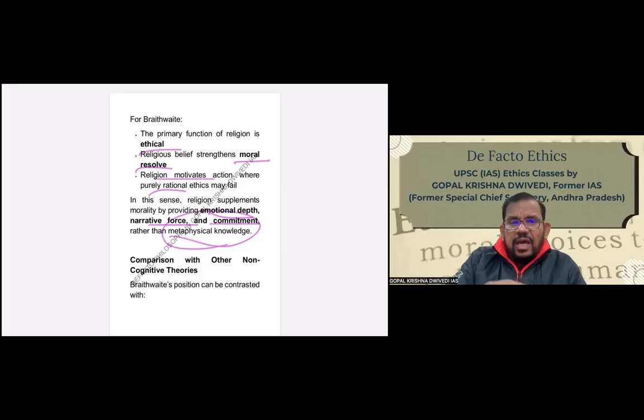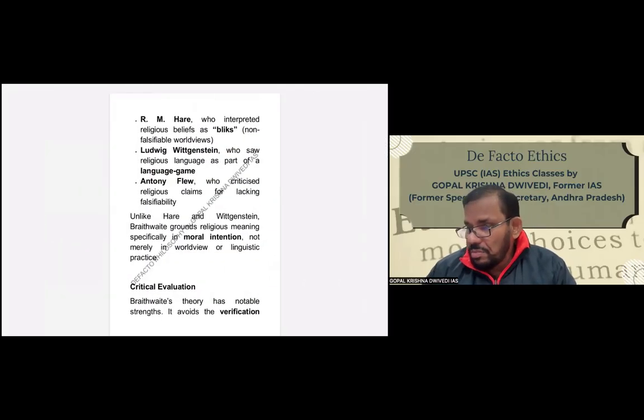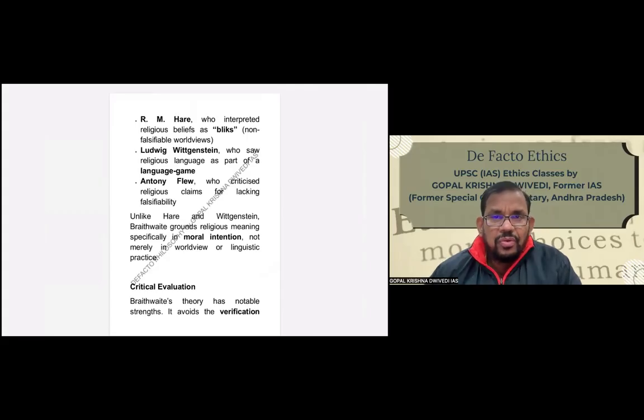Now, since we are going a little deeper into Braithwaite's theory, let us compare it with other non-cognitive theories. R.M. Hare has given the blik theory, which we have already gone through. Wittgenstein has given the language game theory, that religious language is part of a language game.